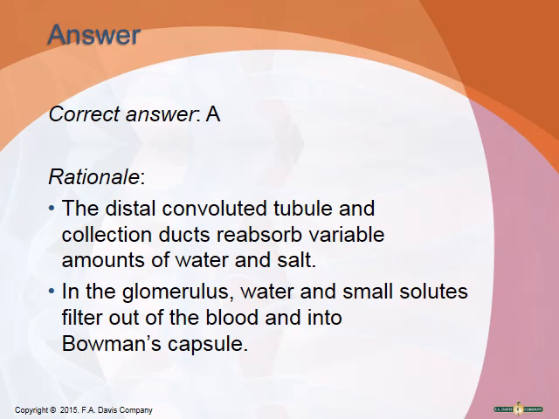But before we do, if you look back at page 363, just to stress that in the descending loop of Henle is where you see the water leaving the tube going into the blood, and then in the ascending is where you see sodium and chloride leaving from the ascending limb into the capillaries, where water isn't on that side. Water's on the descending side. That's an important difference to note once again.